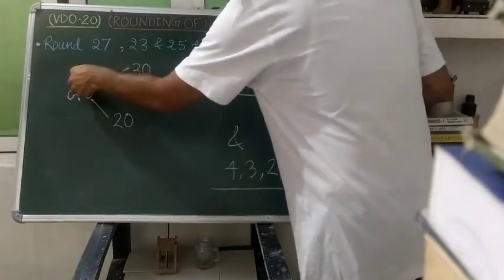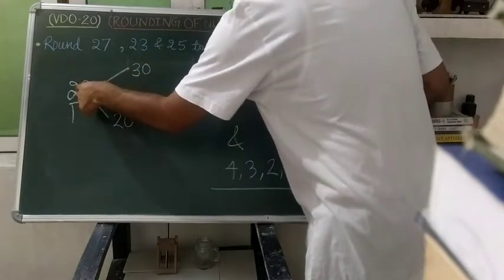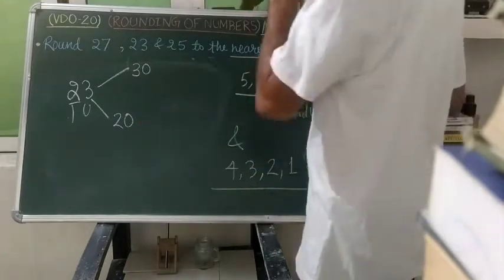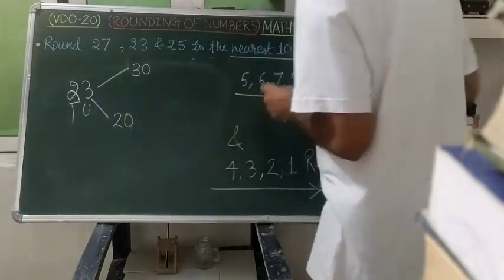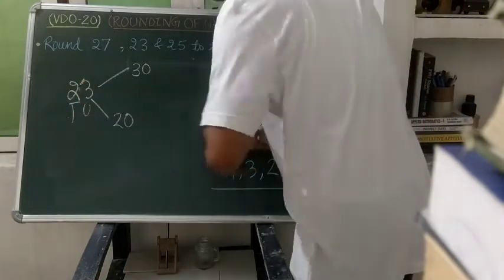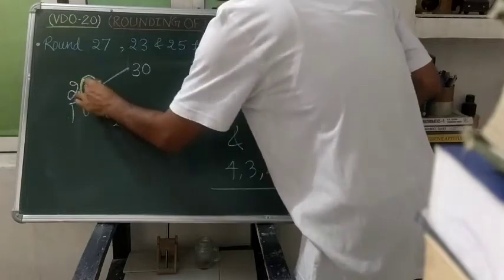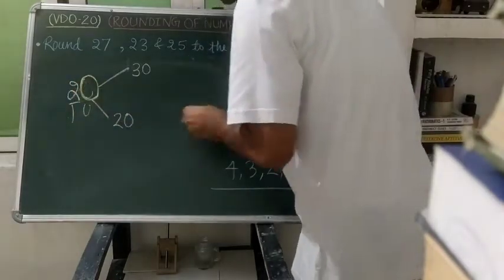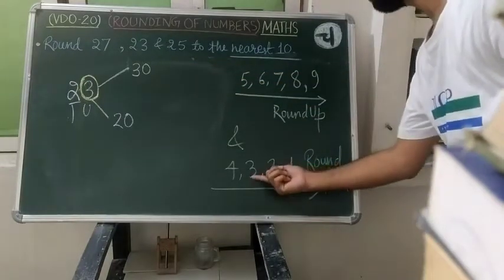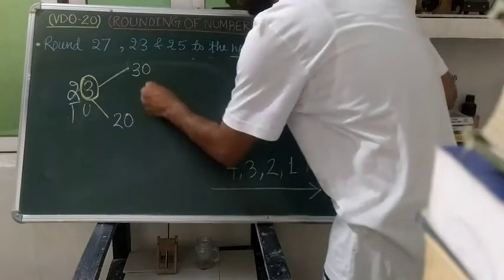We select the number present at the right side of the tens place, and that is 3. For 3 we will round down. So the answer will be 20.